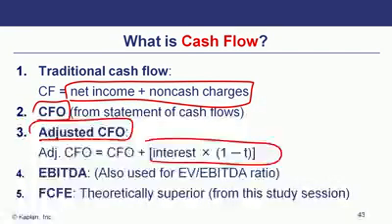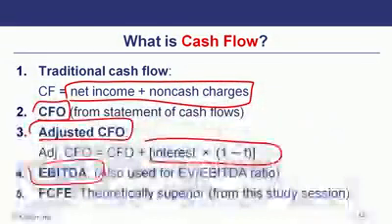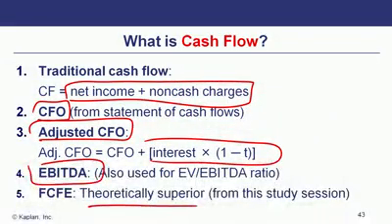Or you can use EBITDA, but we'll see in a second that the more logical ratio is actually enterprise value to EBITDA, and we'll explain why. And then theoretically more superior is free cash flow to equity, because it does factor in the changes in working capital, the changes in net capital expenditures, and the changes in net borrowing.